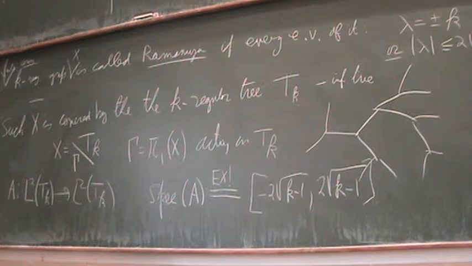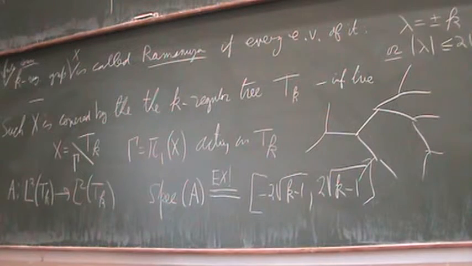But we cannot implement the tree in the real world. So if we want to implement it as a k-regular graph, there are two trivial eigenvalues, k and minus k, which are kind of enforced on us. The k is always enforced on us, and minus k depends on whether it's bipartite or not.